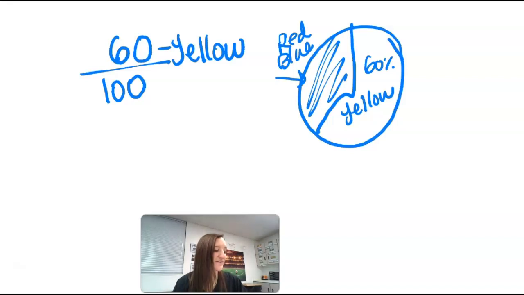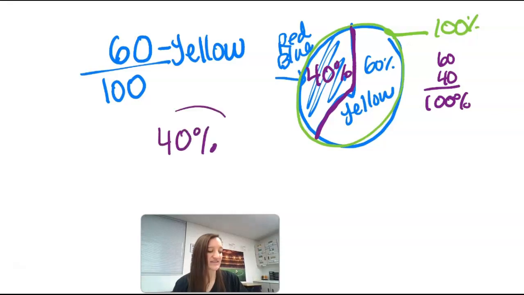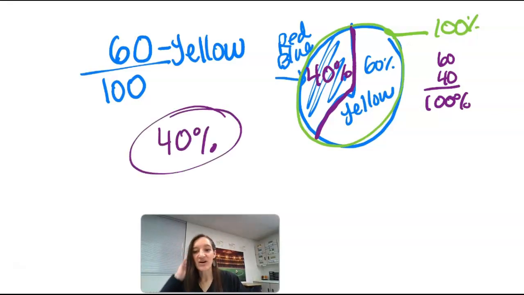Well, in order for all of this to equal 100%, that must mean that this portion left over must be 40%, because 60 and 40 equals 100%. So we can say that 40% of the tiles are red or blue.